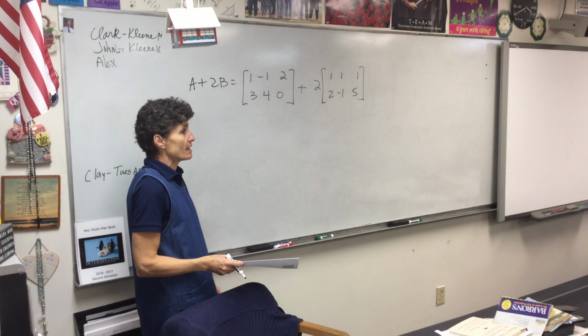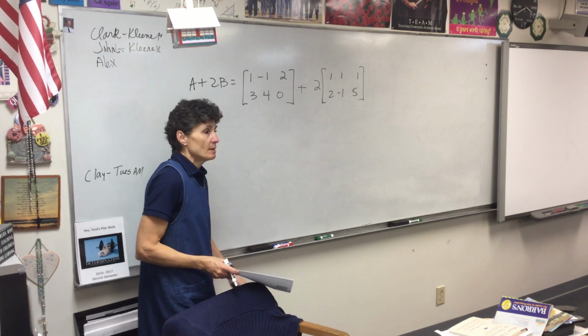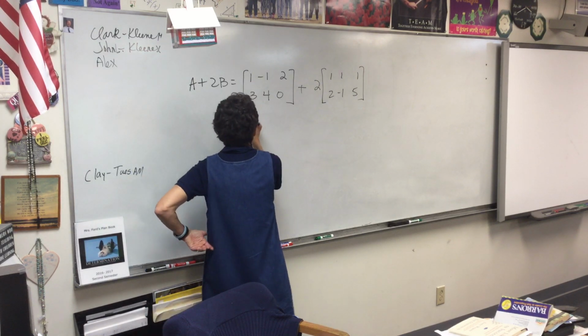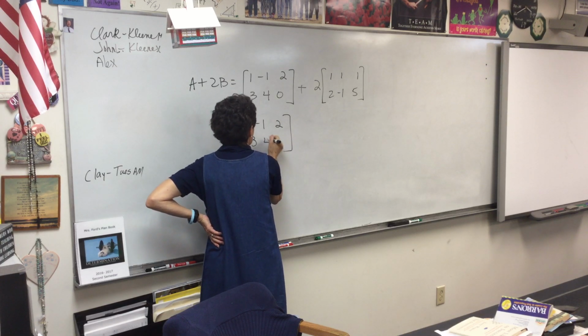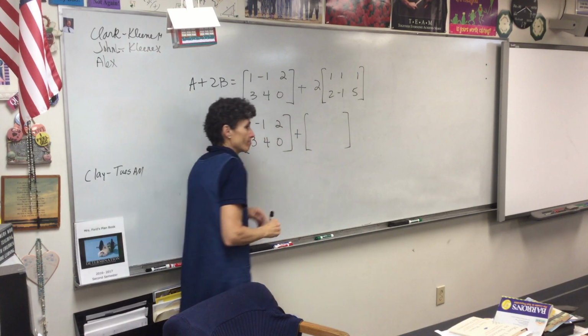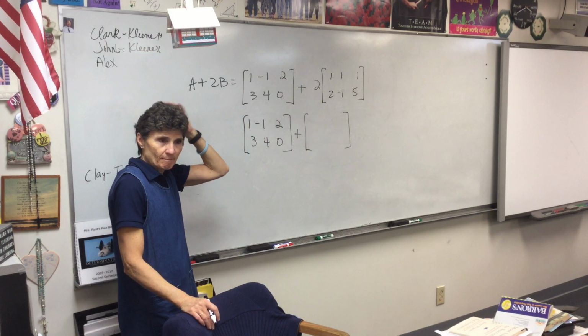They have to be the same size, right? If we're going to add them, they have to be the same size, because how do we add matrices? What's our procedure?